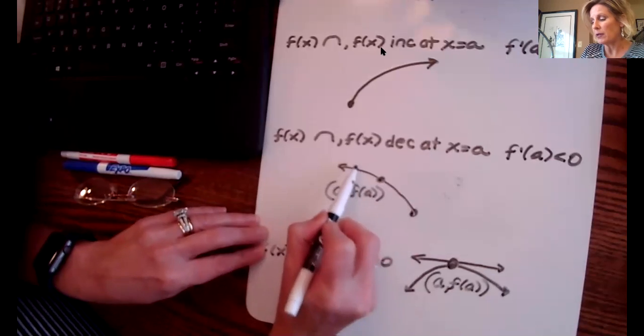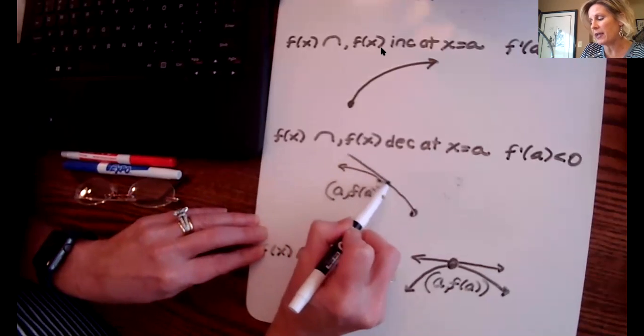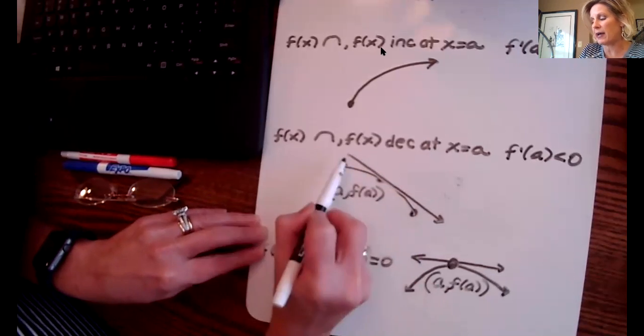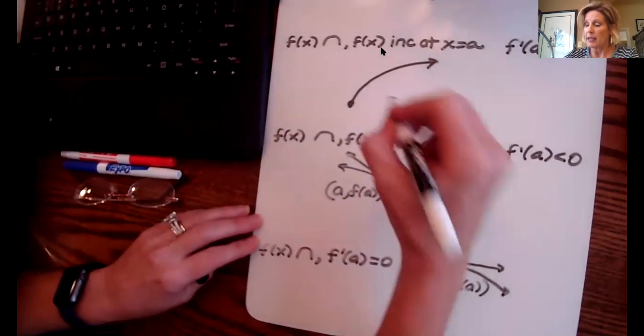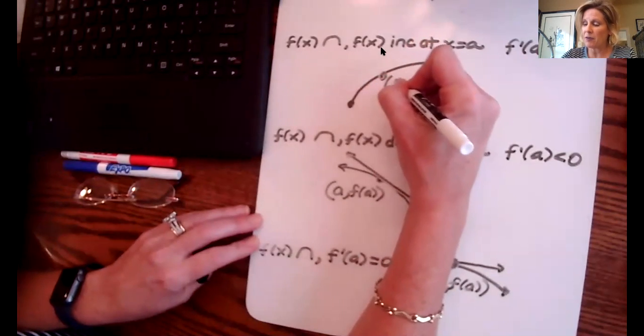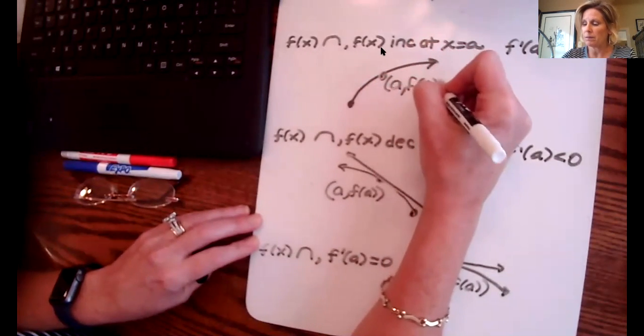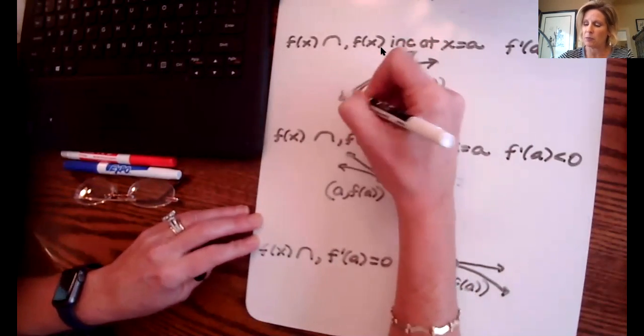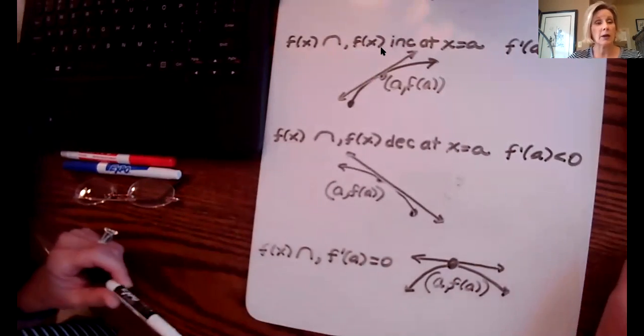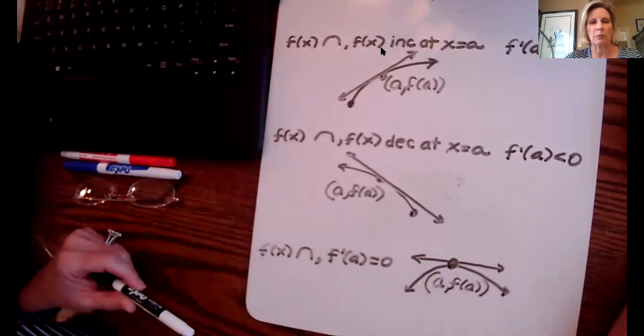But here, since f prime of a is negative, the tangent line has a negative slope. Here, we've got a, f of a, and my tangent line has to have a positive slope. Now I'm going to blow one of these up for you so you can see what's going on a little better.